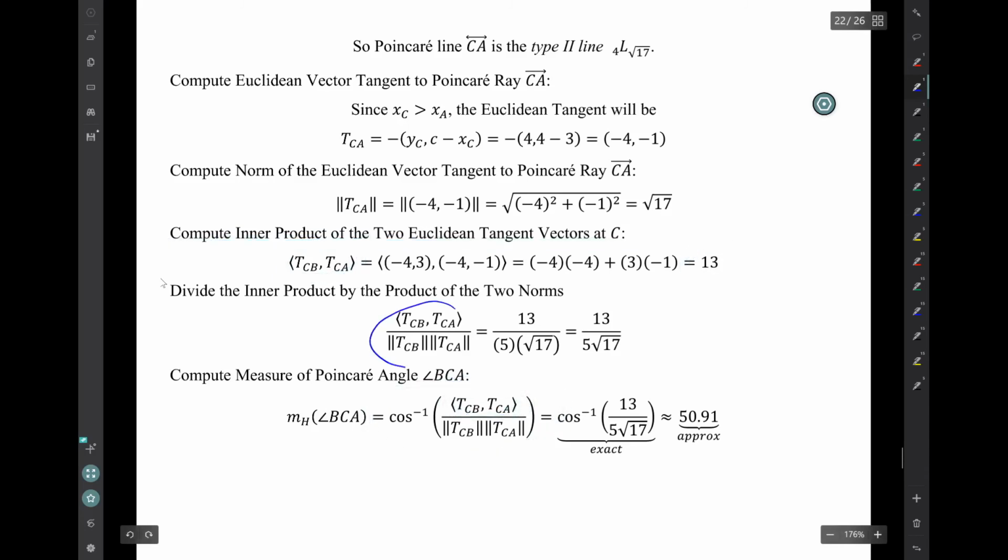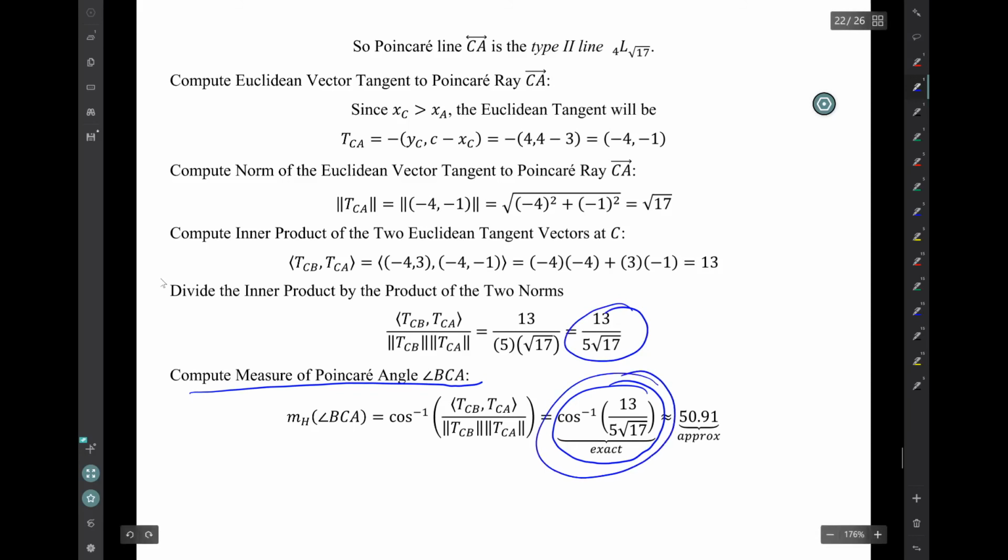Finally, I'm able to build this expression, and I get 13 over 5 square root of 17. Notice that I don't get a decimal for that. I just leave that expression in exact form, so that I can then compute the measure of Poincaré angle BCA. It's this expression. That's the only way to write that expression exactly. So again, if you type this into a calculator, then you're not going to have an exact expression.